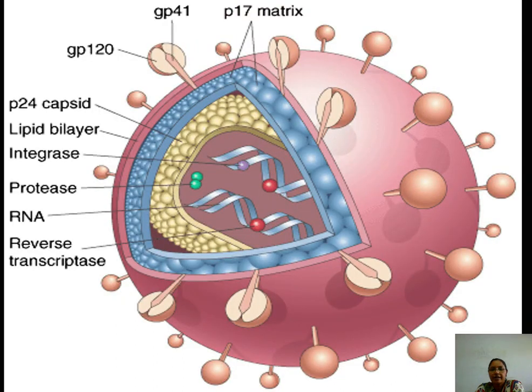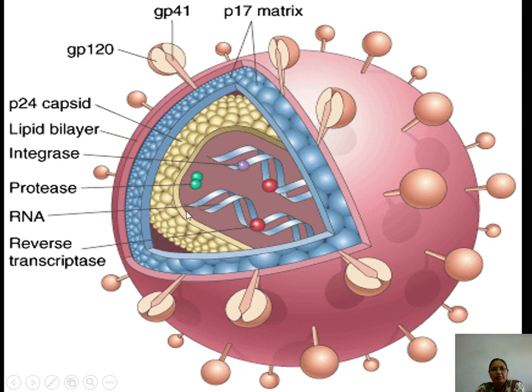This is the structure which I already taught you. It contains the core antigen, predominantly two single strands of RNA, and three important enzymes: reverse transcriptase, protease and integrase.